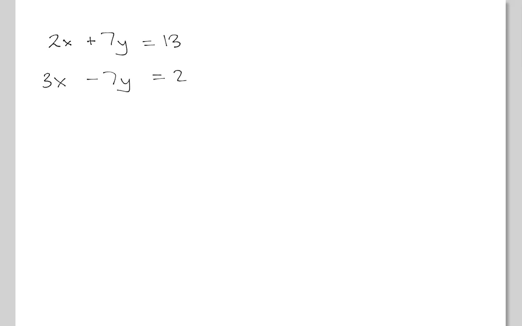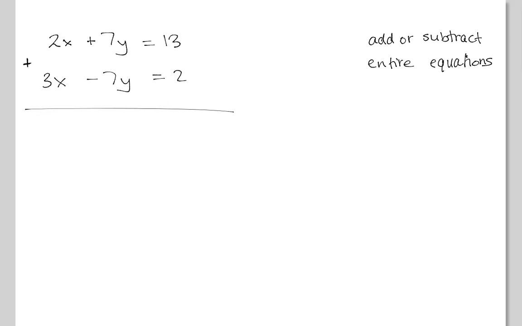Now watch, I'm going to show you something brand new. There's this thing that you can do where you can add or subtract entire equations. So if you take a look at these two equations, what if I just added them in columns?